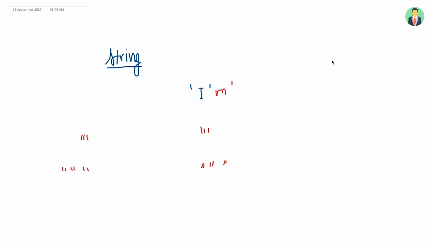What happens here is when the interpreter reads your code, it scans it this way, and when it sees that a string is opening here, and when it reaches this inverted comma, it thinks that the string has closed, and there is this undefined piece of code right here which it does not understand. So it would just throw an error at you at this point, and this would cause problems in your code. So if you want to use inverted commas, the solution is simple.